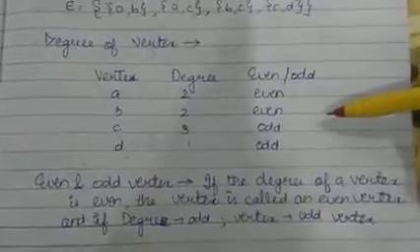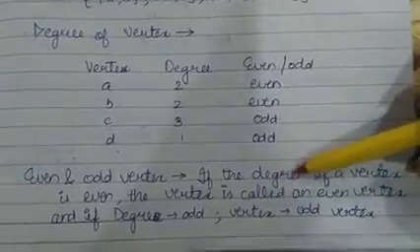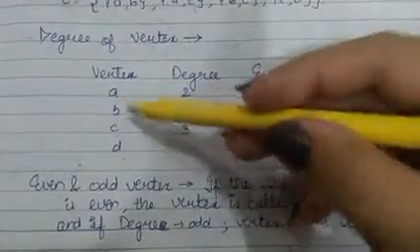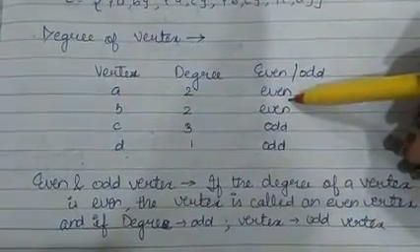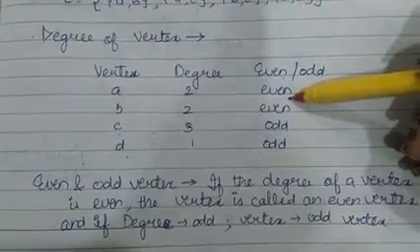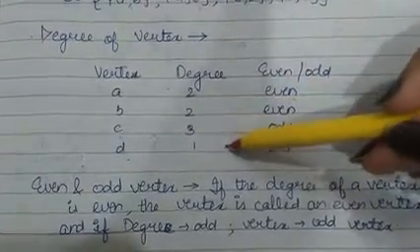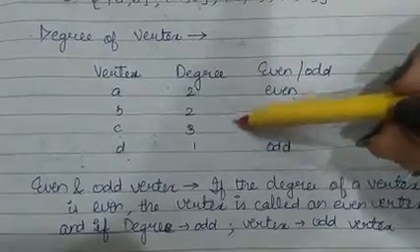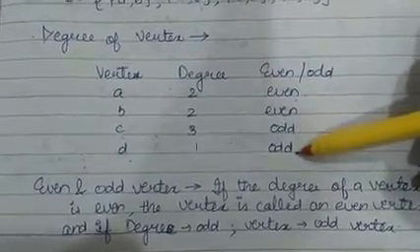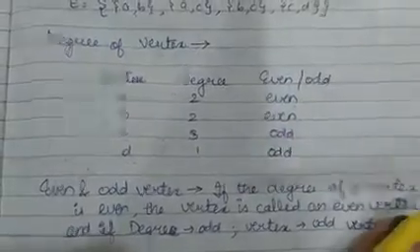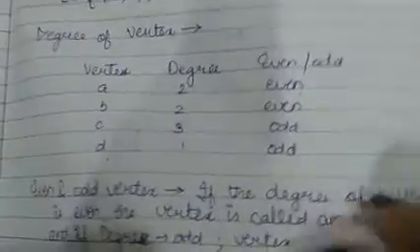If the degree of a vertex is even, the vertex is called an even vertex. Here A is an even vertex because its degree is even, whereas C and D are odd vertices because they have odd degree values. So these are the even and odd vertices of our graph.